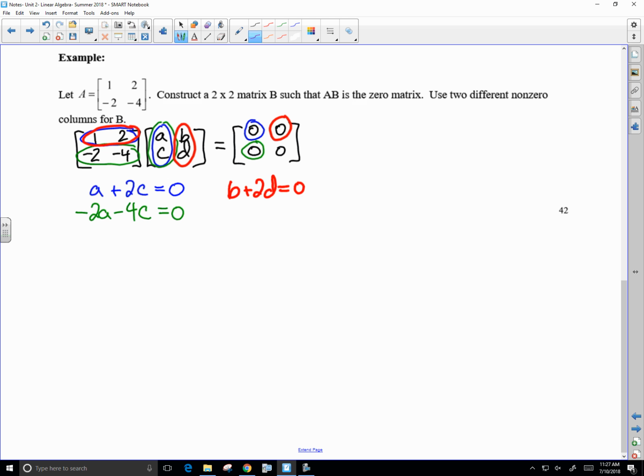Then the last entry would be second row, second column. All right, easy enough to do it algebraically, I guess, but we're not really interested in that.